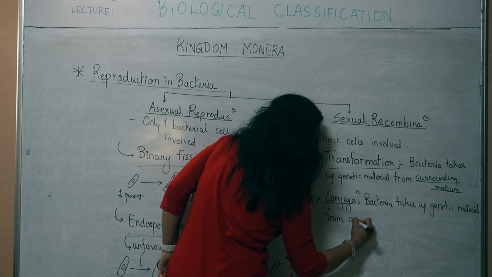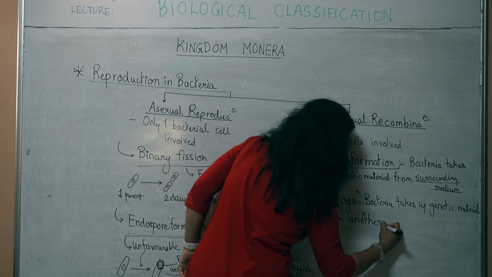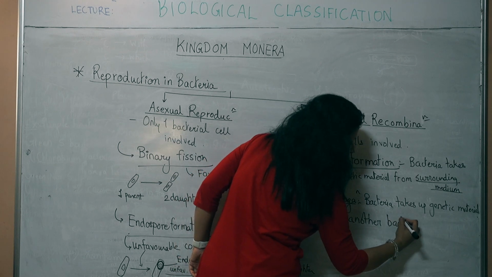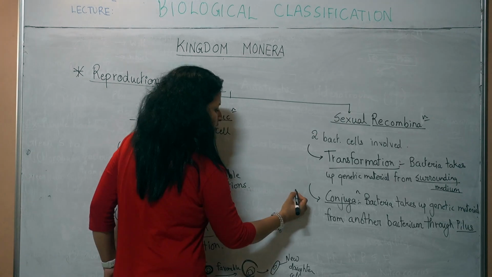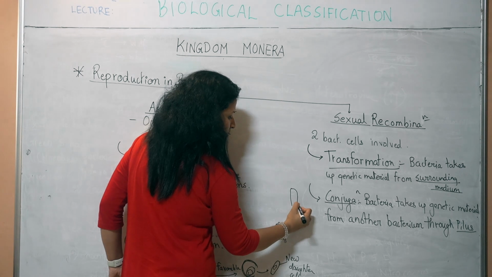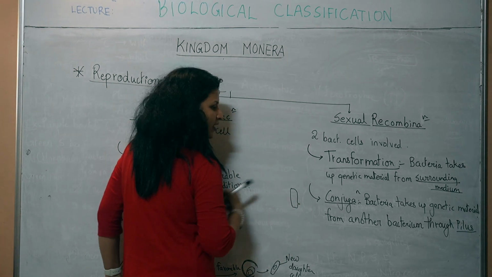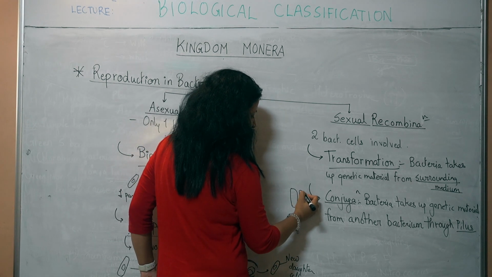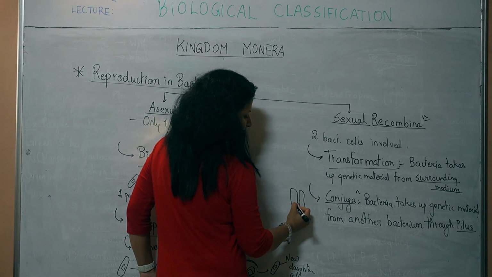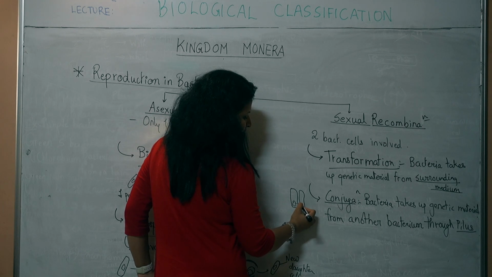From another bacteria, through pilus, okay? If you don't remember, it's pilus, okay? It will attach to the second bacterium and it will transfer some parts of its genetic material to this one, okay?